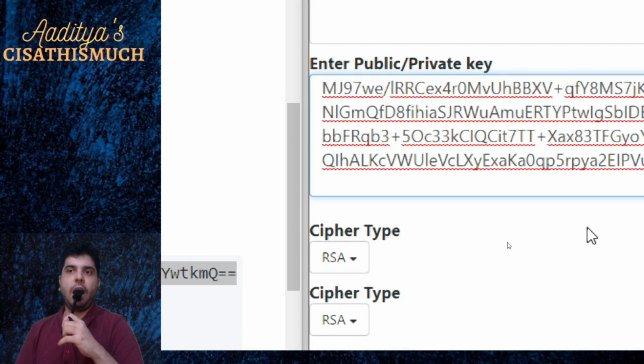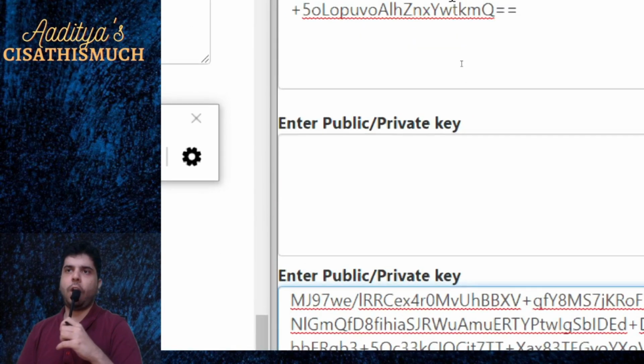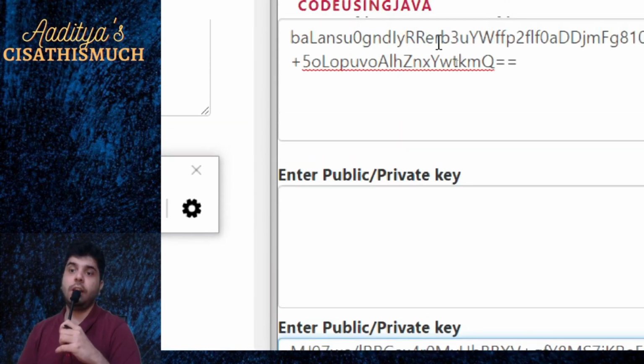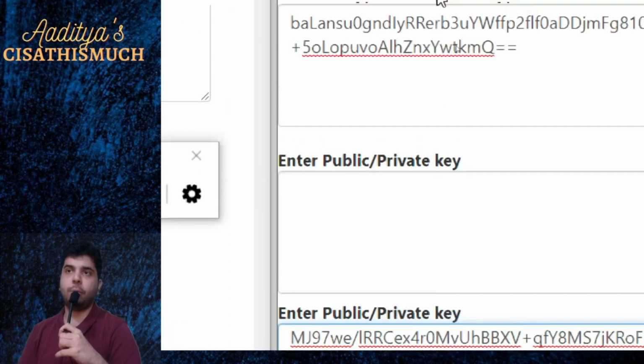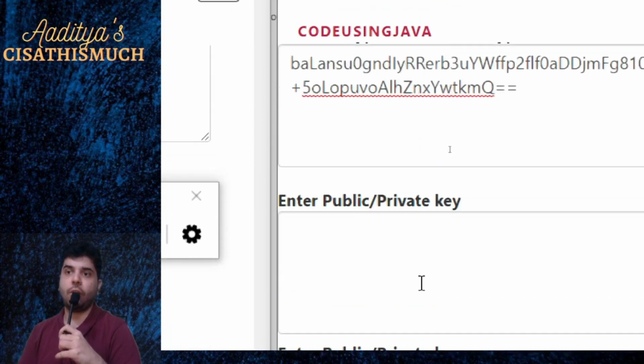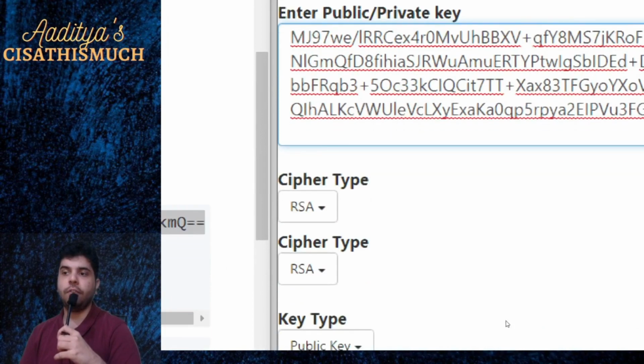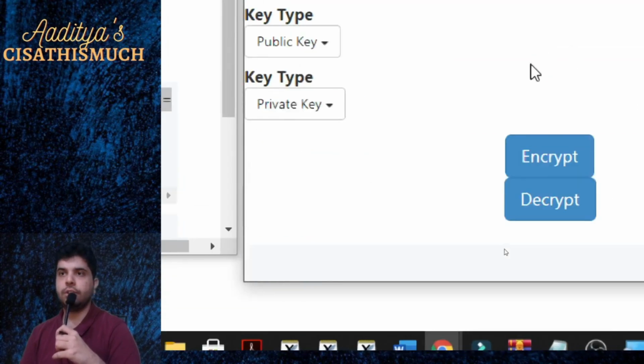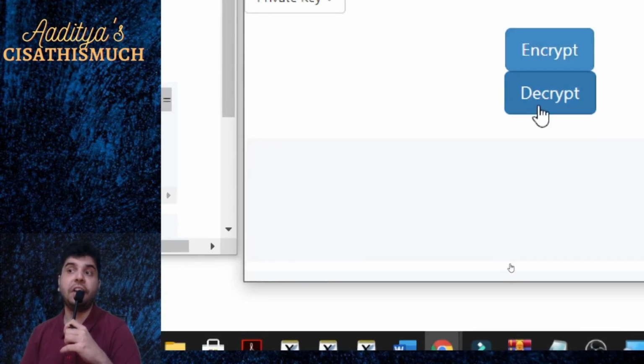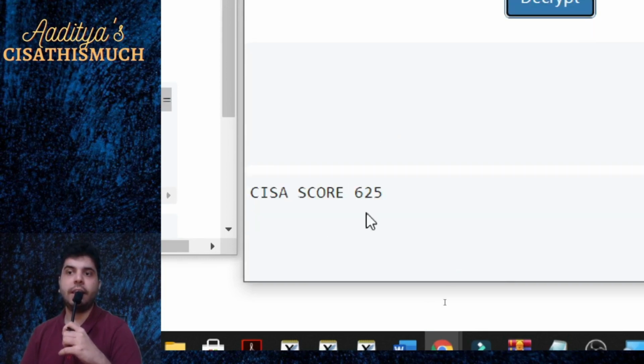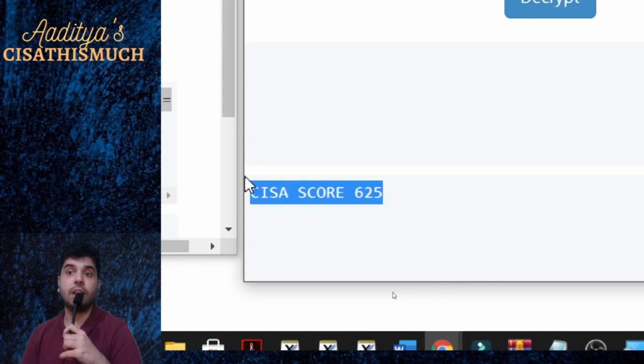So we are in John's computer and John has put his private key and John has put the encrypted data, ciphertext. Now John will click on the decrypt button. Now he has got the information, CISA score 625.